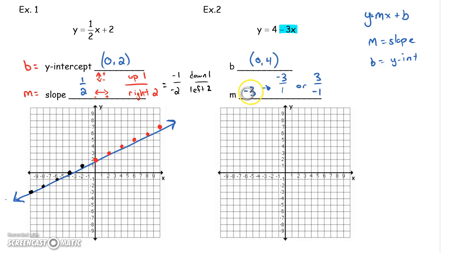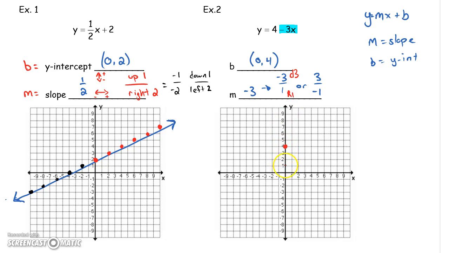Those would simplify to give me negative 3. Now, begin at (0, 4). Move negative 3 over 1, which would be down 3, right 1.